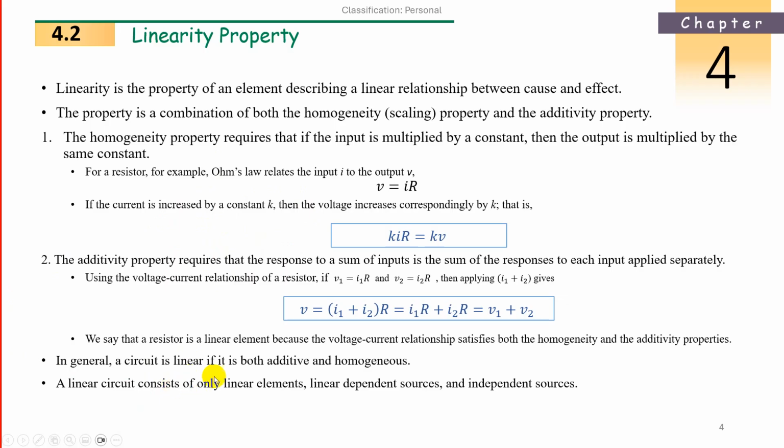A linear circuit consists of only linear elements, linear dependent sources and independent sources. What are the linear elements? As per the above example, resistance is a linear element, and it can be a linear dependent source or a linear independent source, meaning voltage source and current source can be used here.